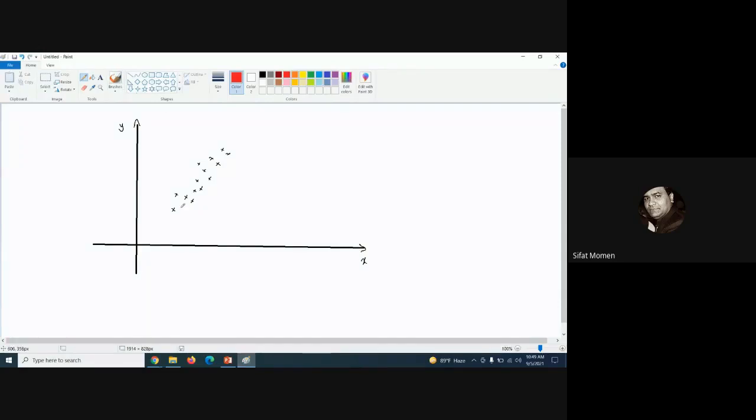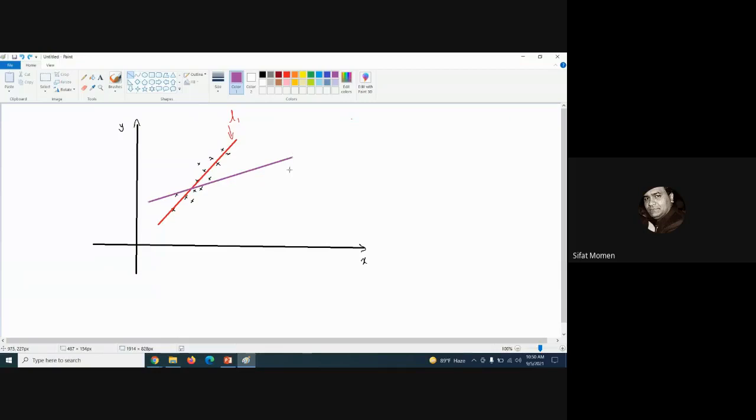So let's say someone came up with this as a regression line. Let's call it line number L1. Now let's say somebody else comes up with a different regression line, this one.